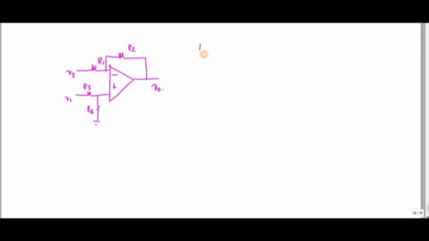First, if V1 is grounded, what will happen? This is R1 and this is V2.